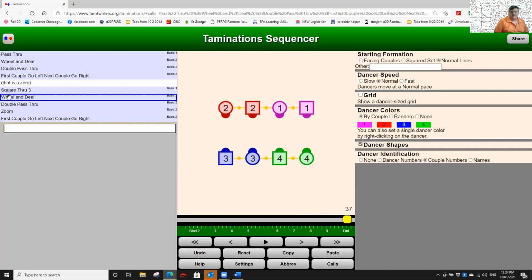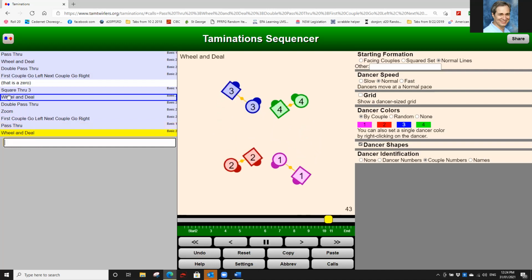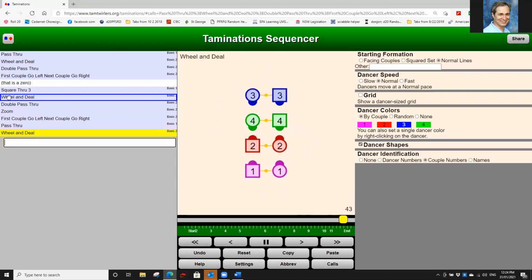Sorry, go ahead. Oh, here's just another one. Do the pass through, wheel and deal. Then double pass through.